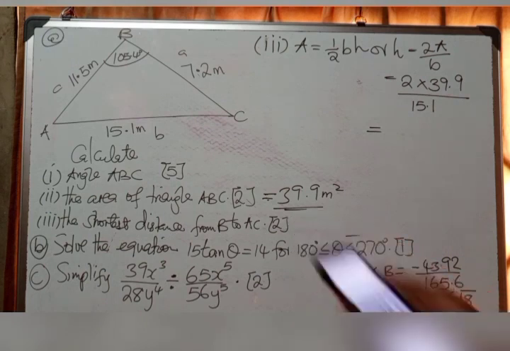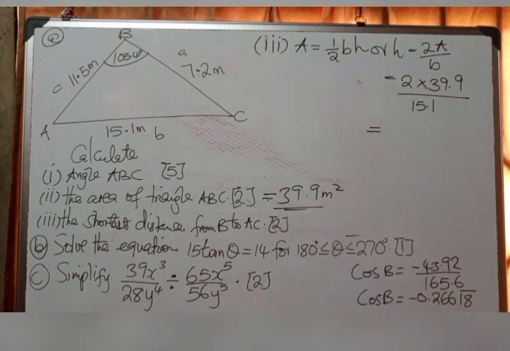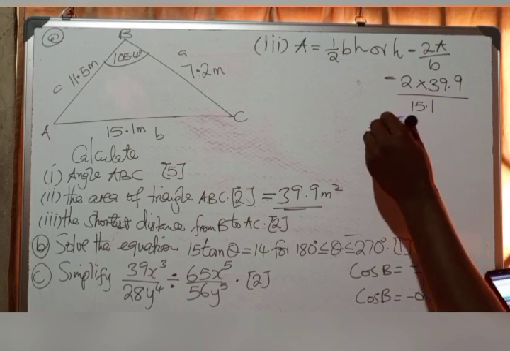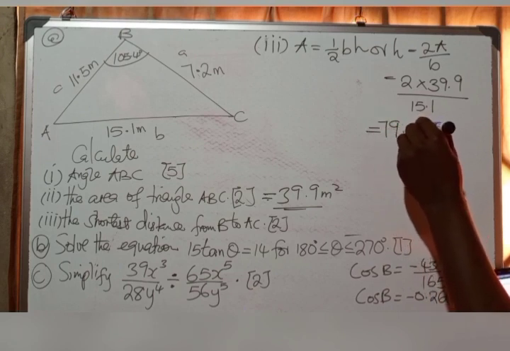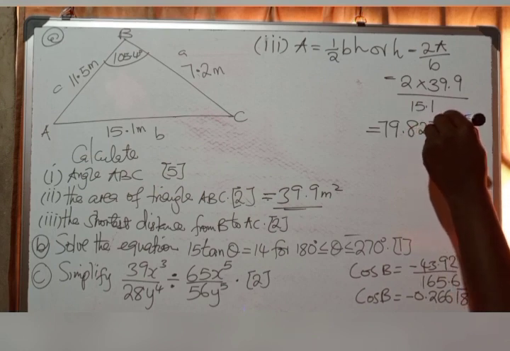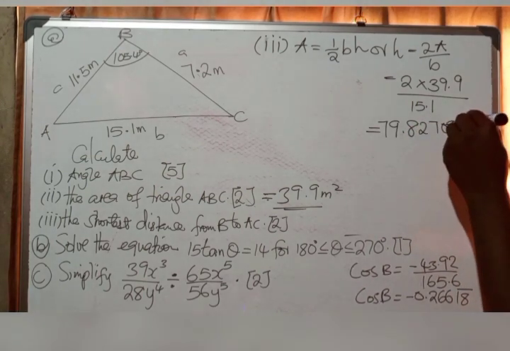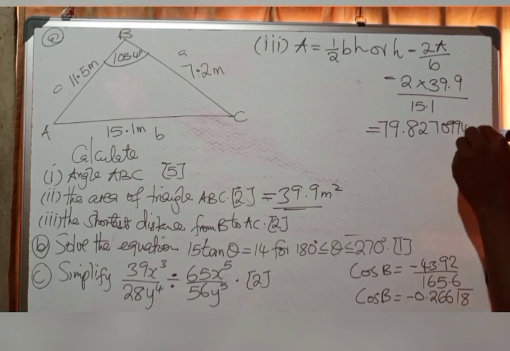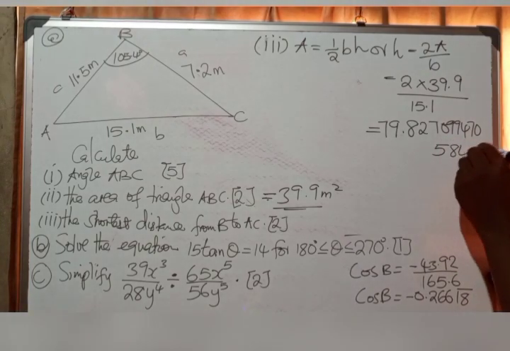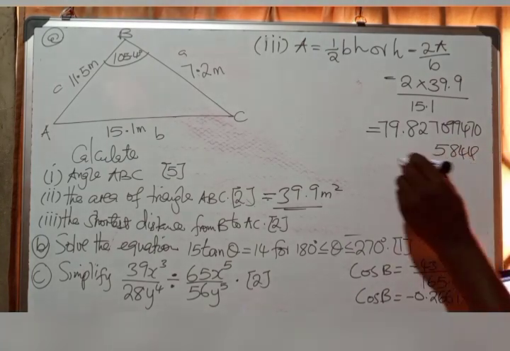We found from here. We multiply by 2, we are going to have 79.8270999470. Then we have 5844.